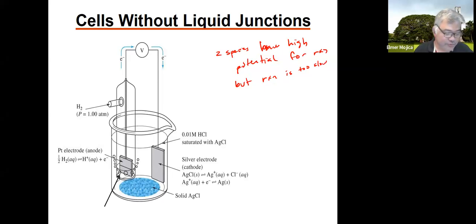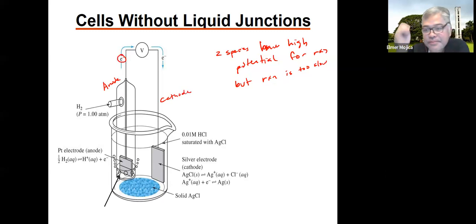So anyone, what do you think is the reaction that is happening here? So there is a redox reaction here. As you can see here, which is the anode? Can we say this one? And this is the cathode. And what's my basis?